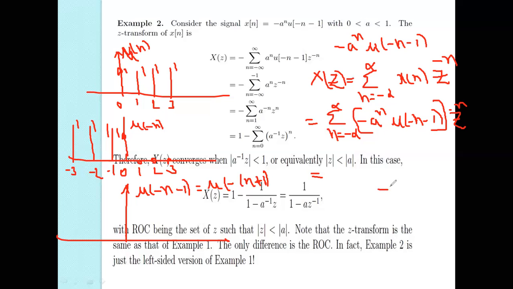Minus means the delay. But for mu of n, you can shift towards the right side; for mu of n plus 1, you shift towards the left side. But for the folded function, it is the reverse operation.